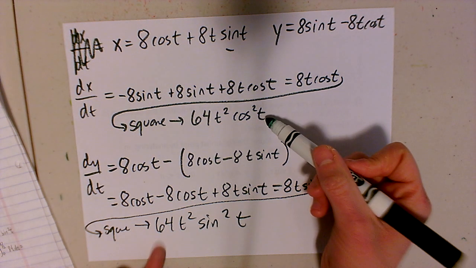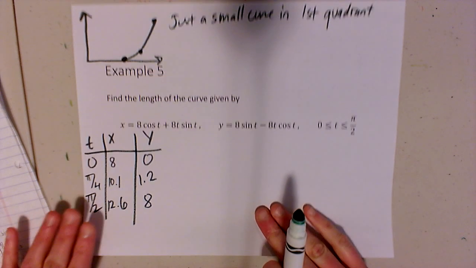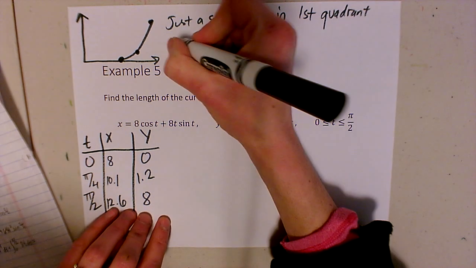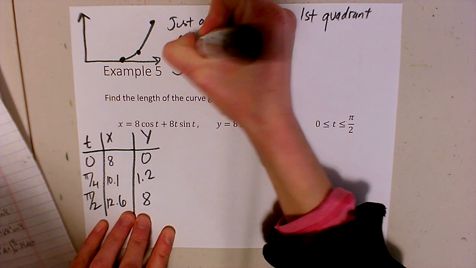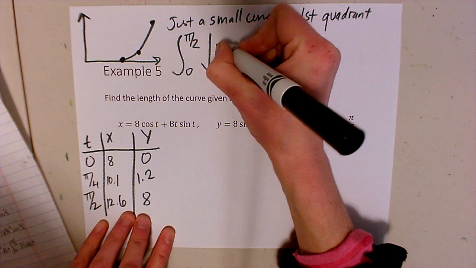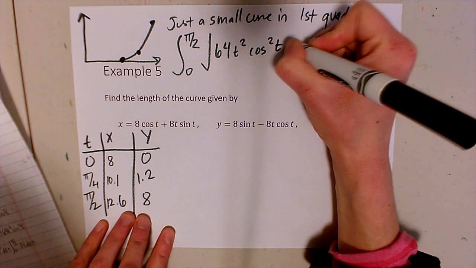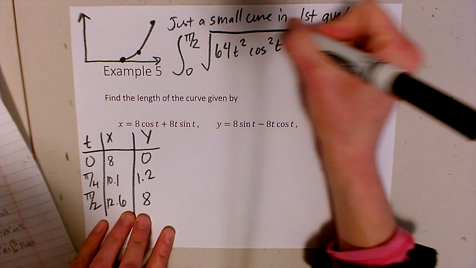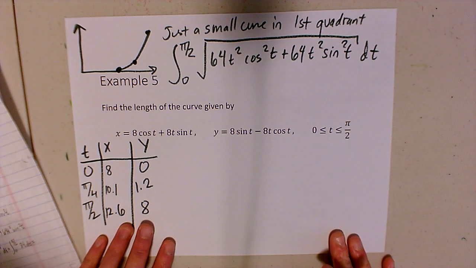So now we've got our derivatives that we can plug into our integral over here. So going back to this, we can set this up. We're going to do the integral from 0 to pi over 2 of the square root of 64 t squared cosine squared t plus 64 t squared sine squared t, and we're taking our integral with respect to t.